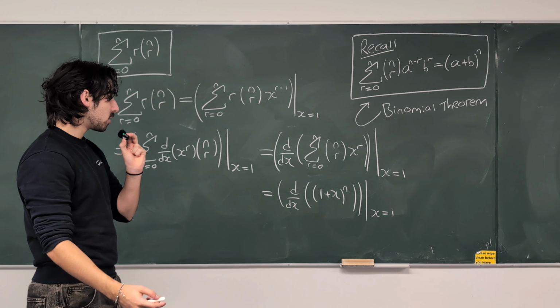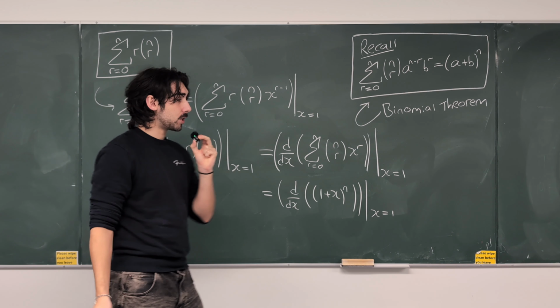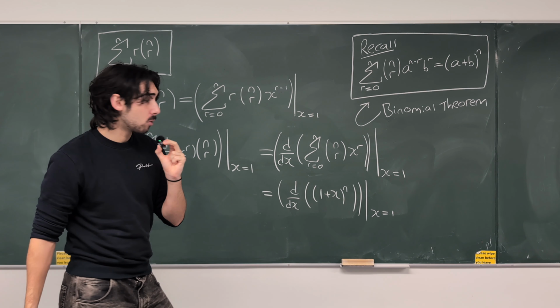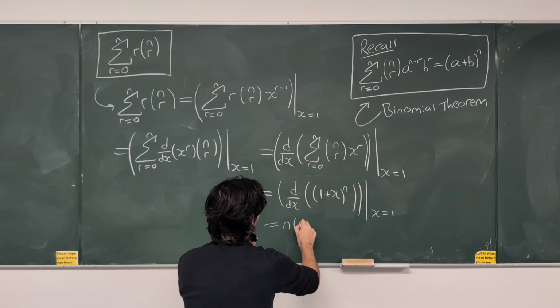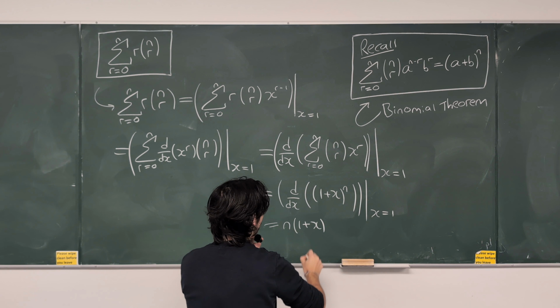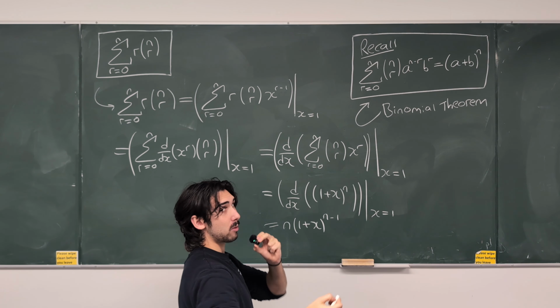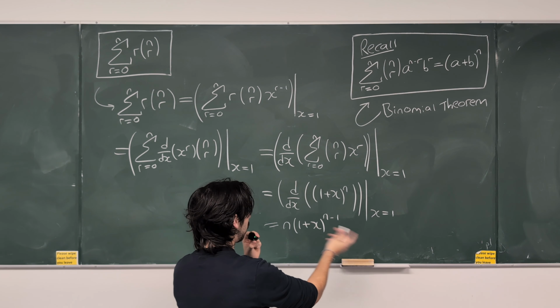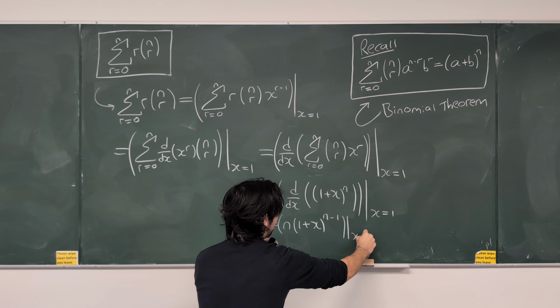So the final main step here is to differentiate (1 plus x) to the power of n, which we know how to do. We can use the chain rule for that. So using the chain rule, we're going to have n times (1 plus x) to the power of n minus 1. And if you times by the derivative of the inside, that's just the number 1, so there's nothing going on there. Then we have to evaluate this when x is 1.